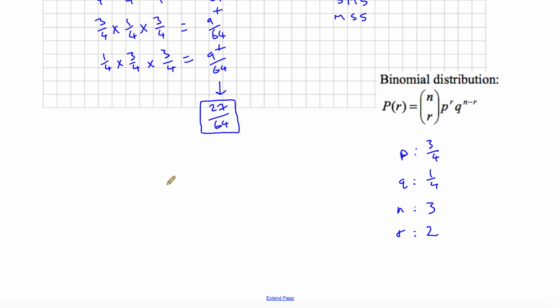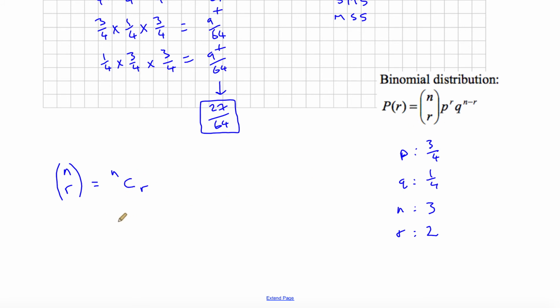So this formula is nCr, so that this here big bracket with n on top and r on the bottom, that can also be written as n over r like that with a bracket, is the same as nCr, which is a button on your calculator. If you're using a Casio, it's just above the division sign, so you press shift divide sign and you get the nCr button. So we can use this symbol here instead.